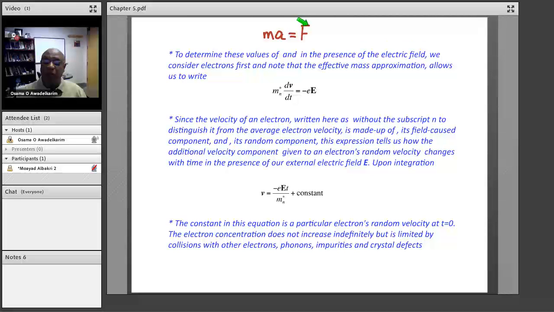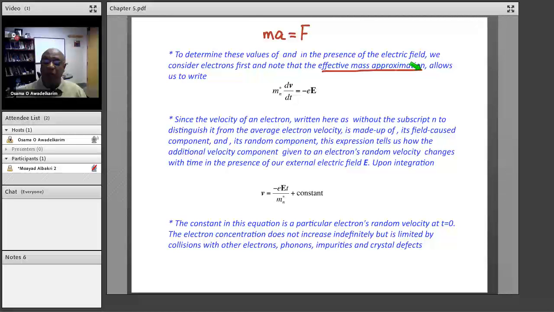This is classical mechanics. I told you throughout the previous lectures and chapters that we need to use quantum mechanics, and here I'm writing Newton's second equation, which is a classical mechanics equation. So how come? I told you also it's very laborious, very difficult to use quantum mechanics all the time. And so we're going to use an approximation, which is the effective mass approximation.